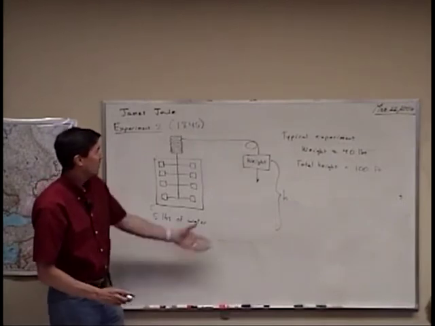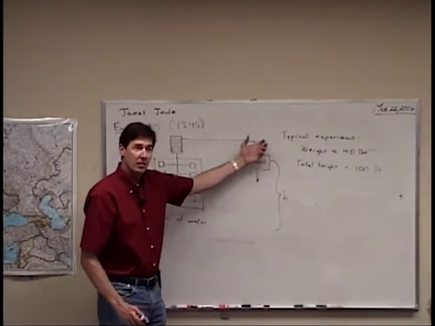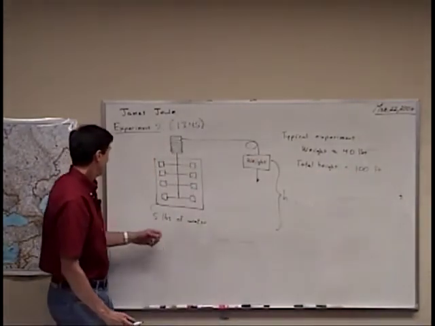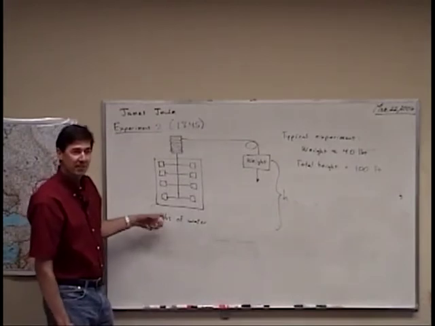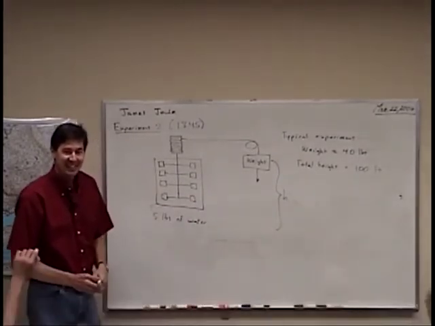Now, with the numbers I've chosen here, a 40-pound weight falling through a total distance of 100 feet, and 5 pounds of water, how much do you think the temperature of the water goes up?